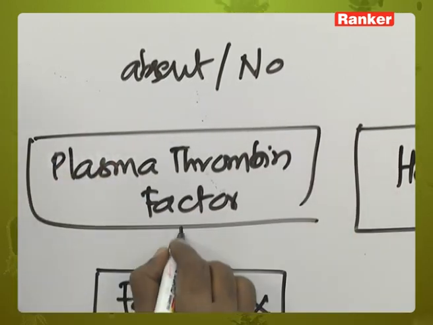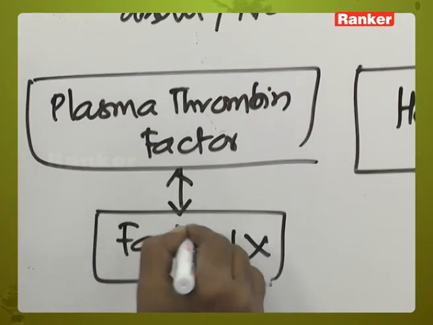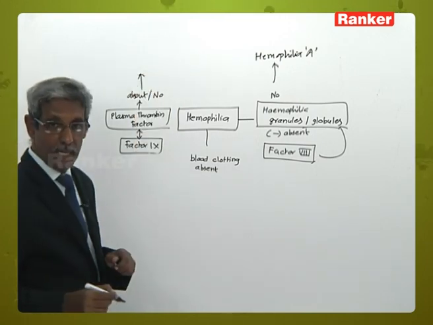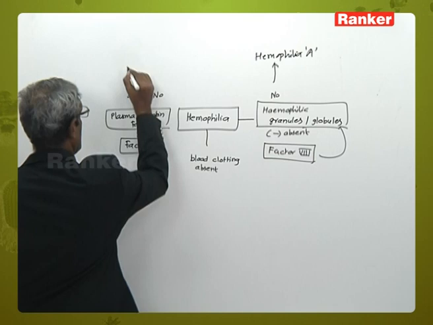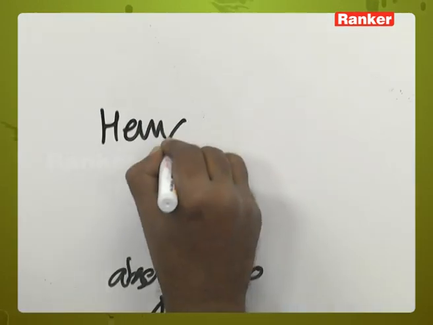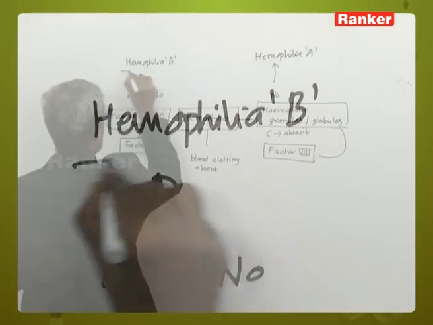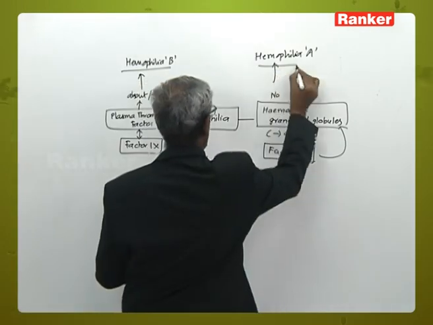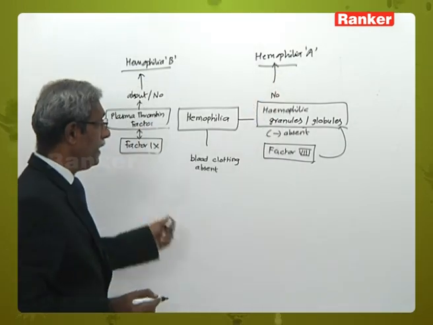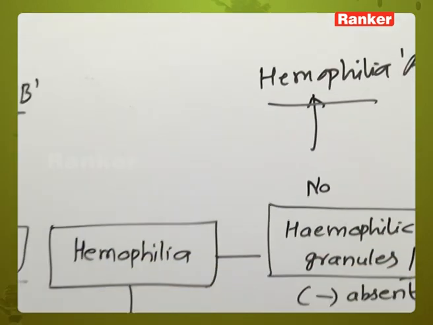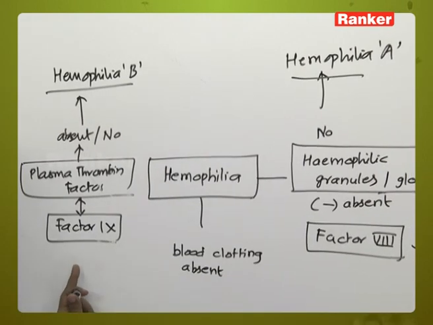If the plasma thrombin factor, factor 9, is absent, it results in another disease termed hemophilia B. So there are two categories, hemophilia A and B, due to the absence of hemophilic globules or plasma thrombin factor, that is factor 8 or factor 9.